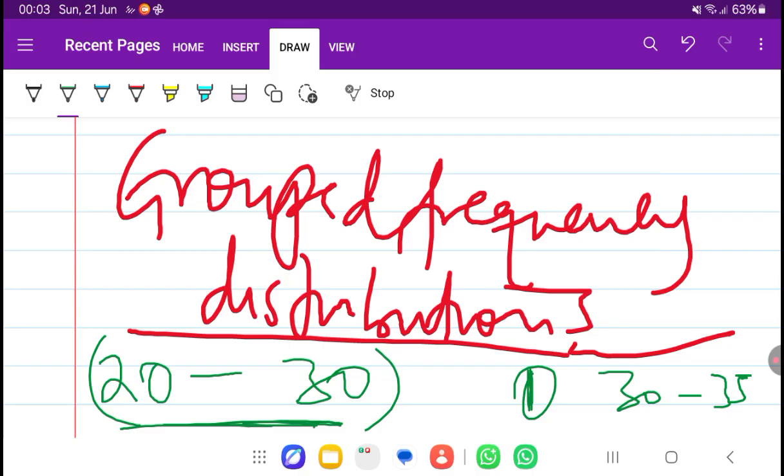So if you do that, when you group a class and each class has more than 1 unit in width, that's what we call the grouped frequency distribution, where each class shows the number of values that lie in it and its frequency.